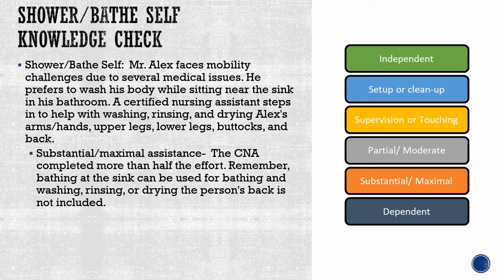The CNA completed more than half of the effort. Remember, we can document bathing at the sink, and washing, rinsing, and drying the person's back is not included. So the items that we are looking at are the arms, hands, upper legs, lower legs, and buttocks in this instance.